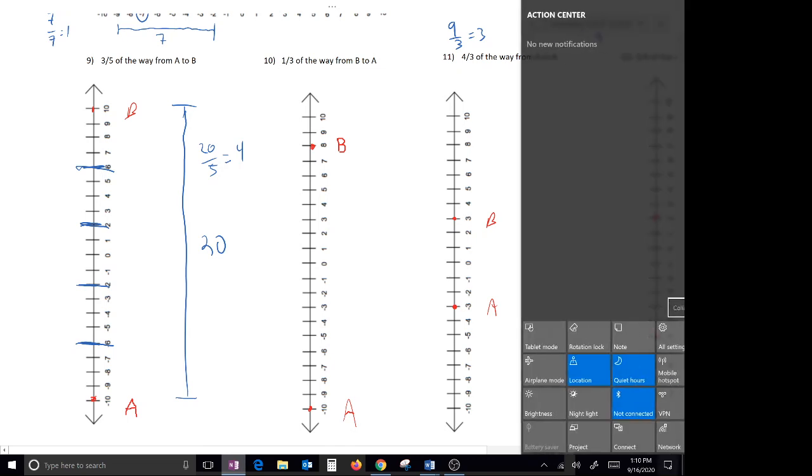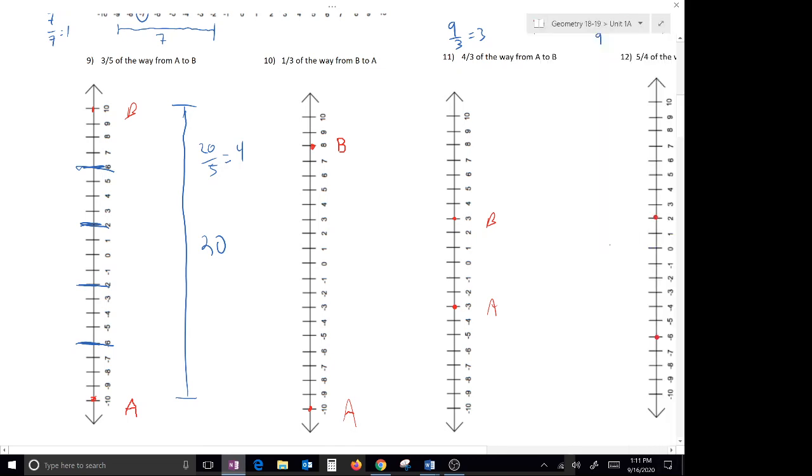So going from A to B, that's 1/5, 2/5, 3/5, and 4/5. So we went 3/5 of the way. So that's that answer right there. We'd put our point at 2.